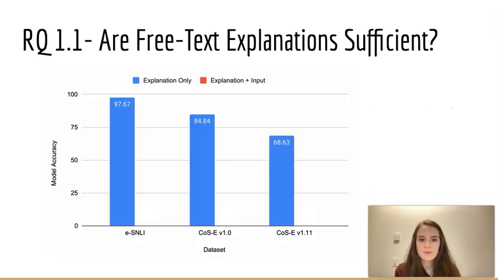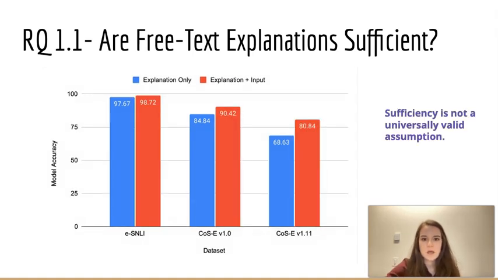Here we can see the plot of performance of each dataset when only the explanation is included as input. When we reappend the input as well, we see that all tasks improve slightly and the gain is more substantial for the COSI datasets. This allows us to conclude that sufficiency is not a universally valid assumption for free text rationales.